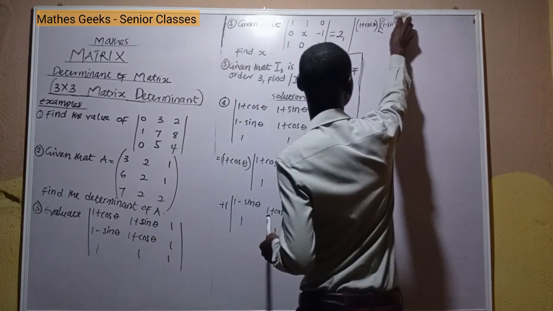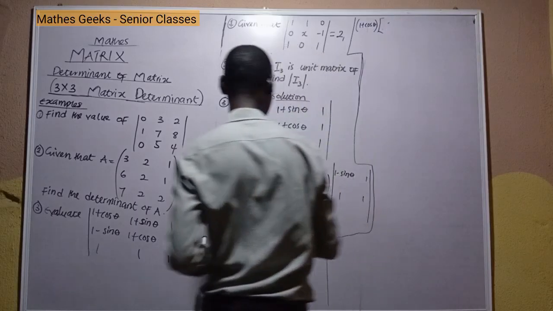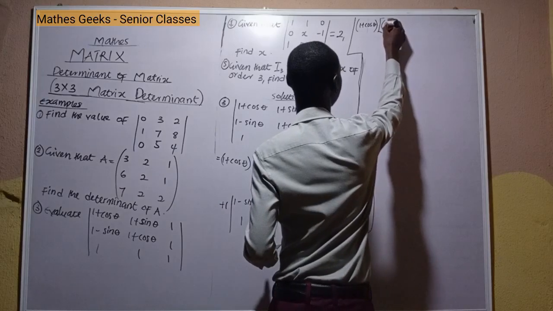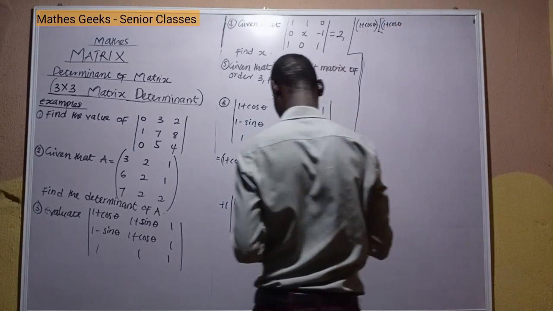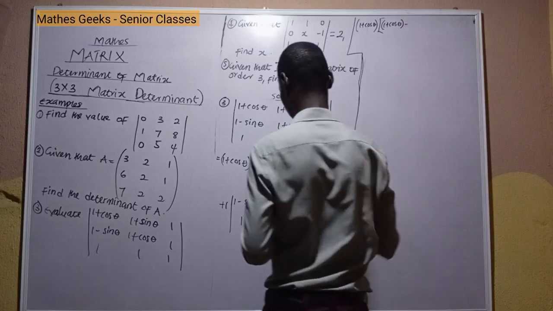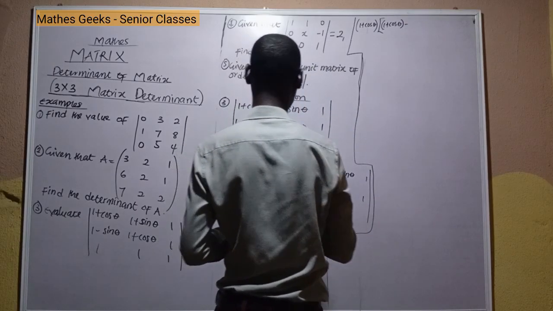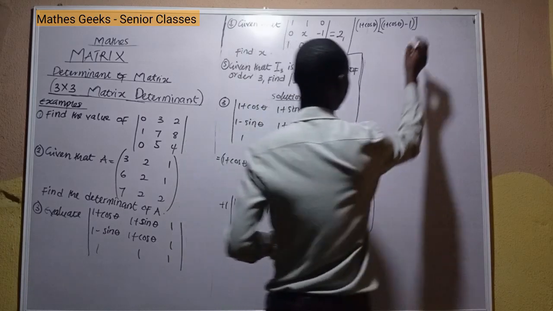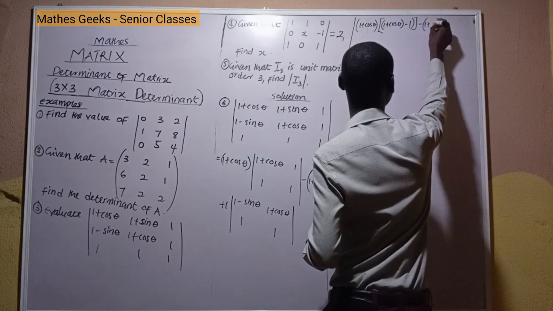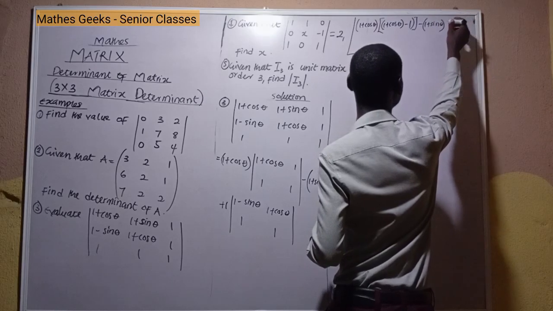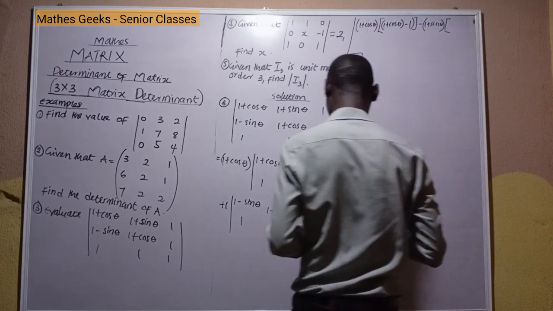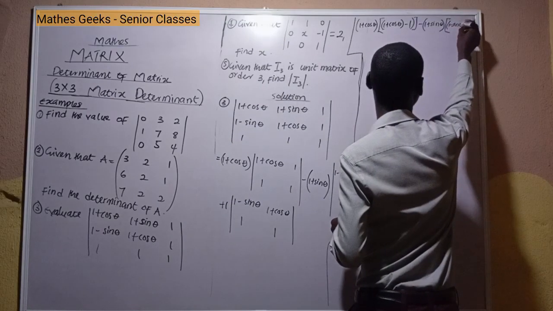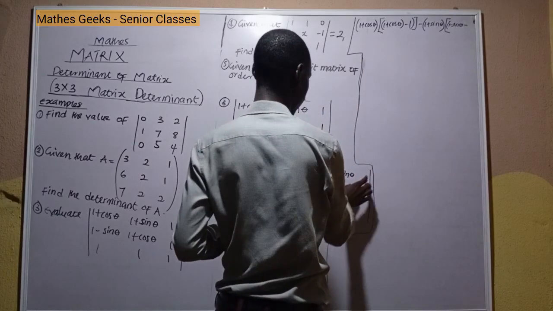Oh, we're supposed to start from here, so we start from here. 1 plus cos theta times 1 gives us 1 plus cos theta, minus 1 times 1 is 1, and minus 1 plus sin theta. 1 minus sin theta times 1 gives us 1 minus sin theta, minus 1 times 1, plus 1.